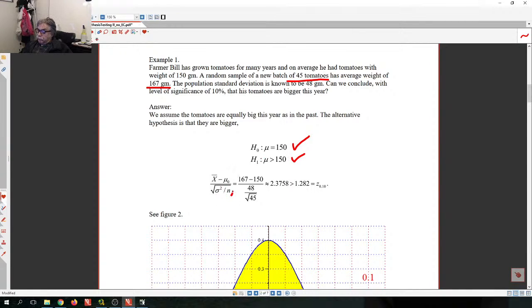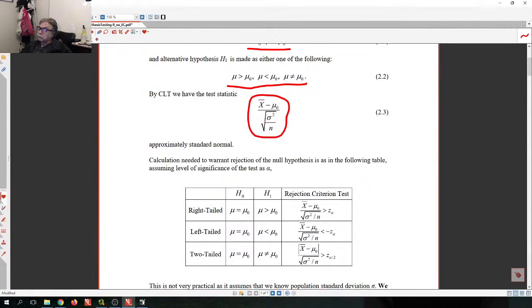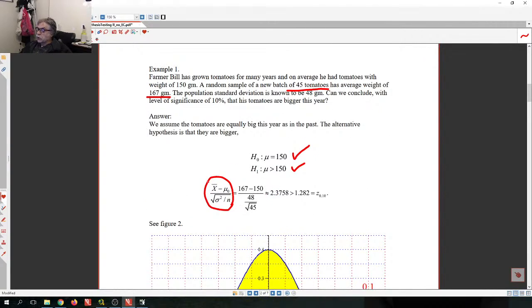Test statistic. Test value or the test statistic. That's the formula we have here. It's the same thing here. So the sample mean on the top, 167, minus what was assumed, which is presumed to be true in the null hypothesis, 150. So 167 is the sample mean, minus 150, the presumed population mean.